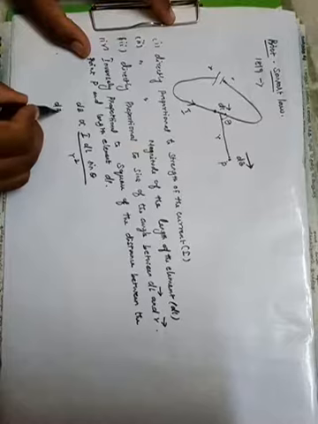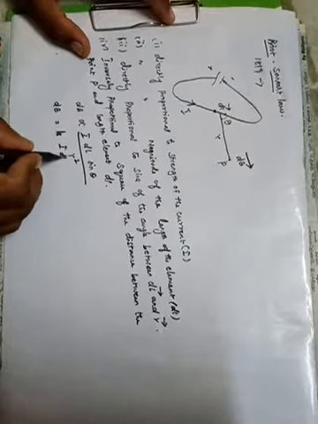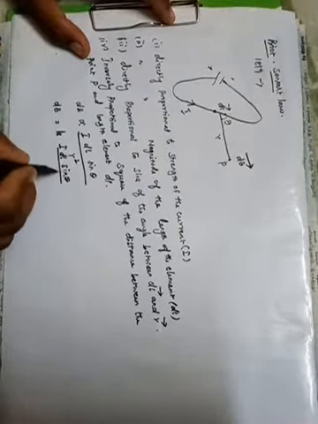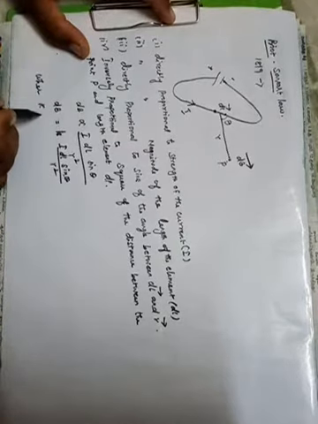So from this we can write dB is equal to k I dl sin theta divided by r square, where k is the constant of proportionality.